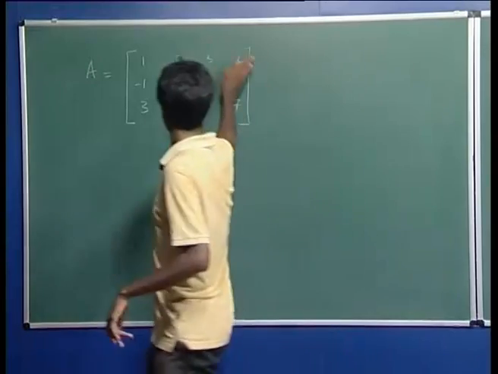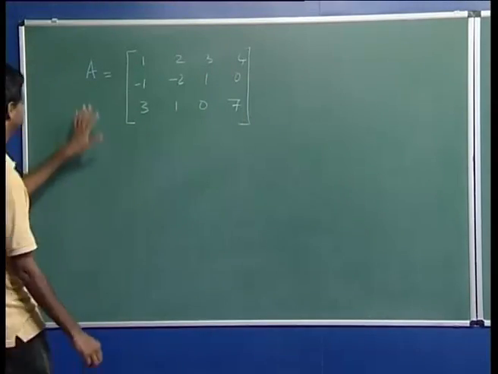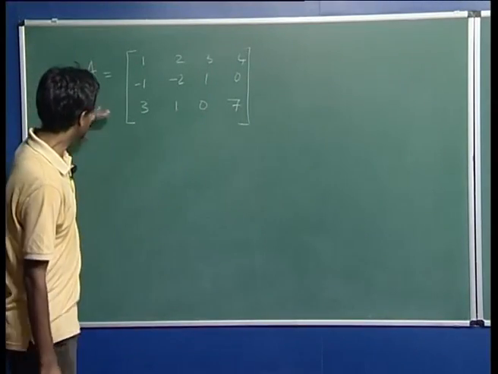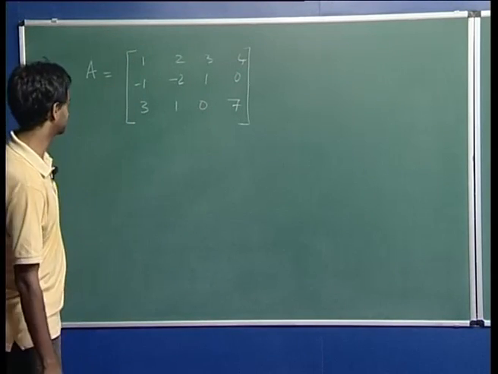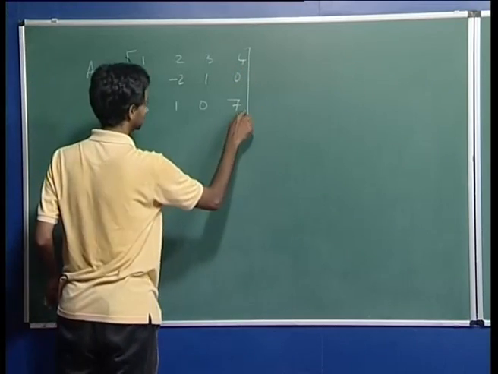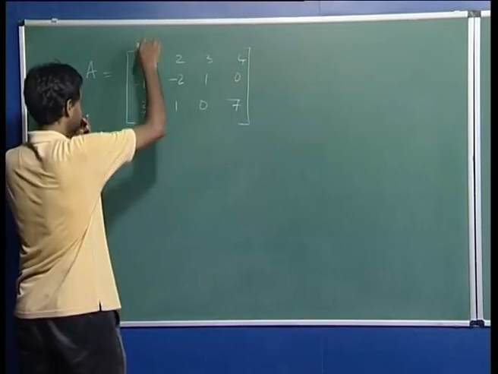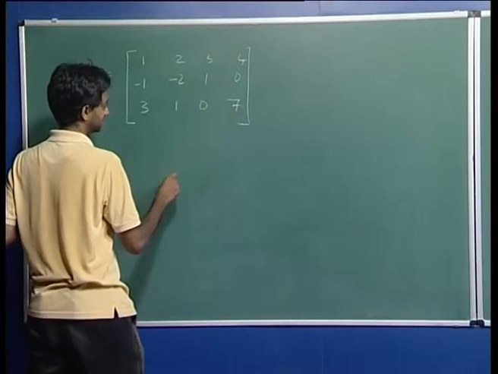So, instead of writing all these 12 scalars, we just call it a matrix A. Now, if you notice, this has a particular arrangement of scalars, and these are called rows and these are called the columns. So, in this case this is a rectangular matrix.